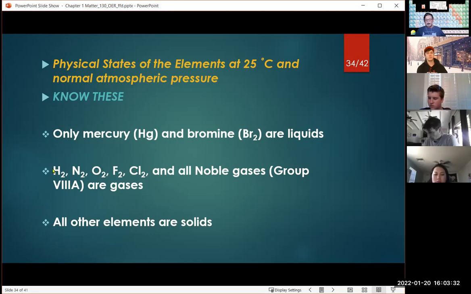But notice here we got hydrogen, nitrogen, oxygen, fluorine, and chlorine. Okay, 1, 2, 3, 4, 5 listed here. And then I'm going to show you where the noble gases are on the periodic table. And so we have 7, so let me pull up the periodic table.